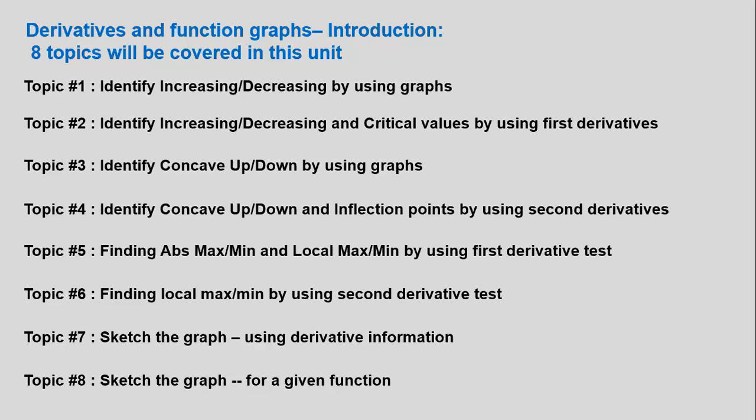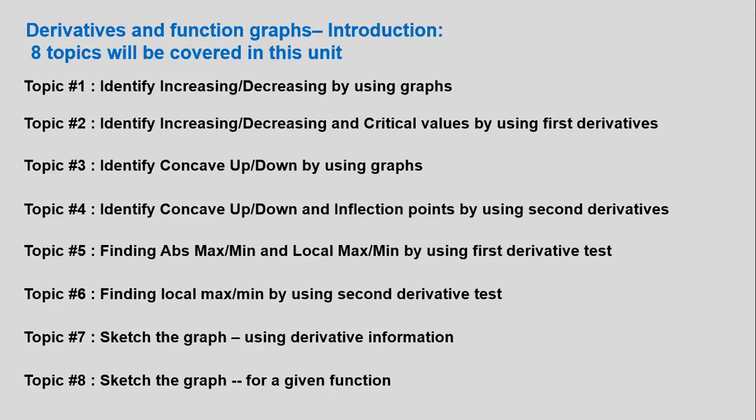After we understand increasing, decreasing, concave up and concave down, the next topic is how to find the maxima and minima points of a function. We have two kinds: absolute maximum and local maximum. In practice set number 5, we use the first derivative test to identify where the local max and local min are.